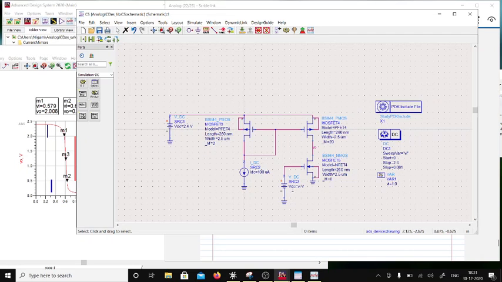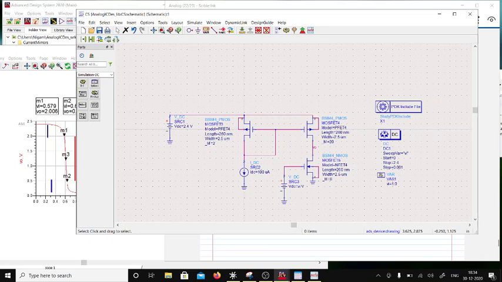So if the input is 1 volt, the output is going to be the gain, right? And you need an AC simulator to do that, because for a non-linear simulator it will not cross 2.4 volts, right? So linearizing the components around their bias points and then simulating it.